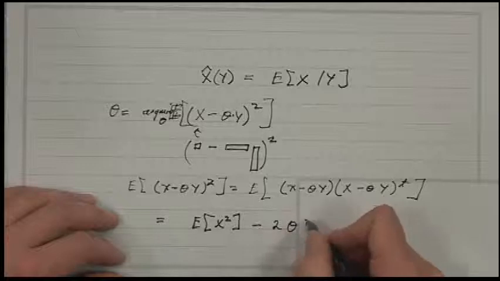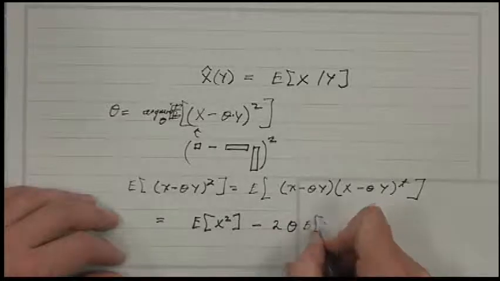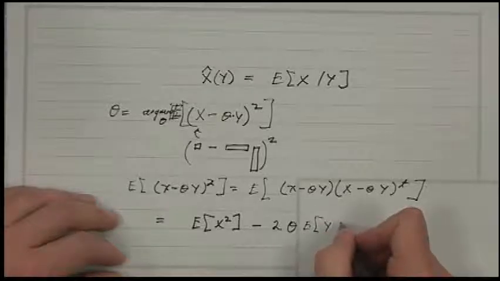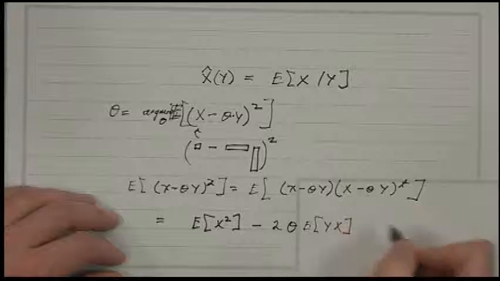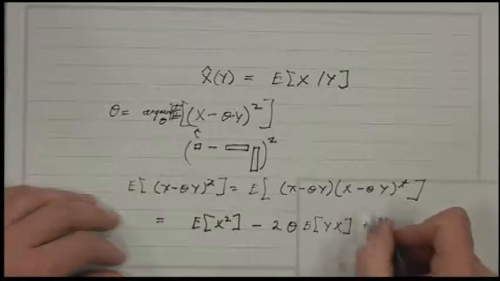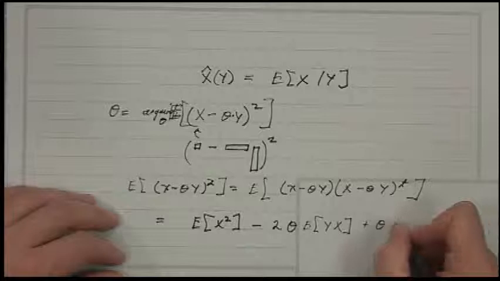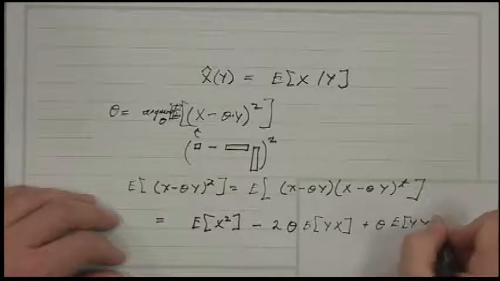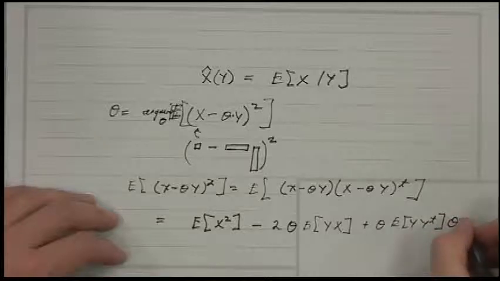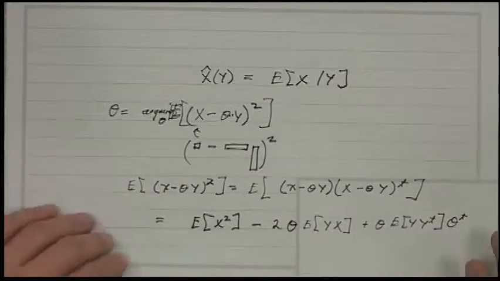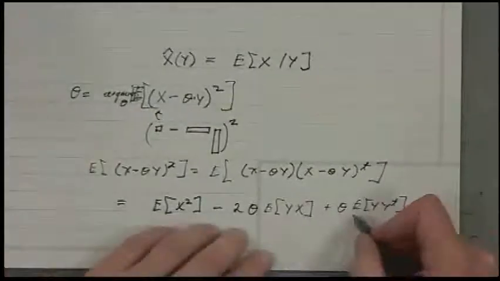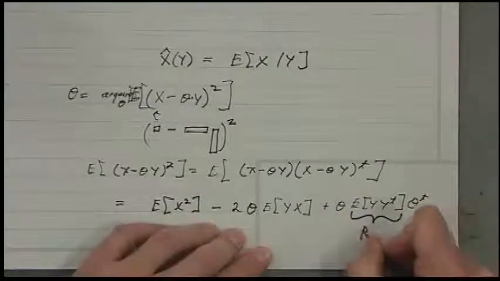minus 2 times theta times the expected value of y times x, that's a column vector, plus theta times the expected value of y y transpose times theta transpose, right? So now this thing here is the covariance of y.